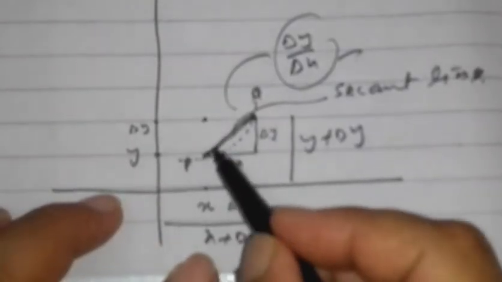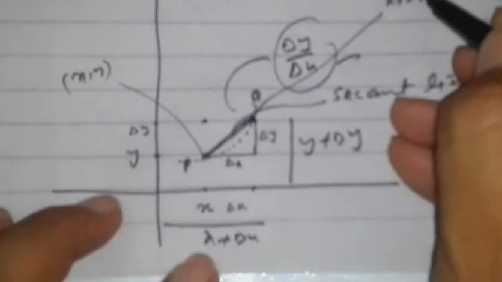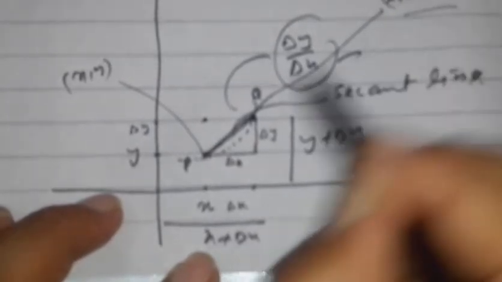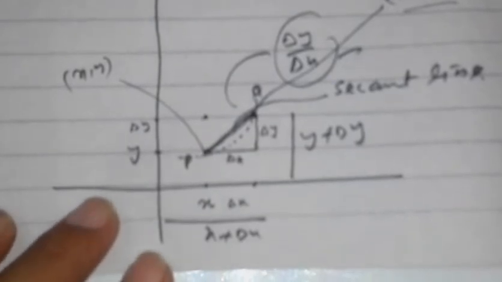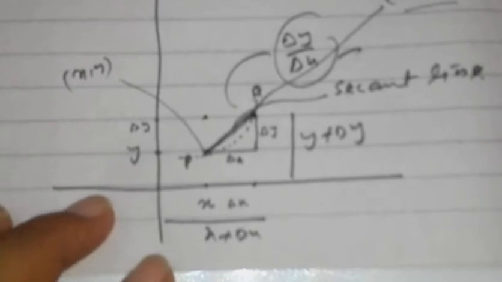This is the slope which we find here. Here the coordinates of this P are x and y, and the coordinates of this Q are x plus del x, y plus del y. So the average rate of change in y per unit change in x is the slope of secant line PQ.